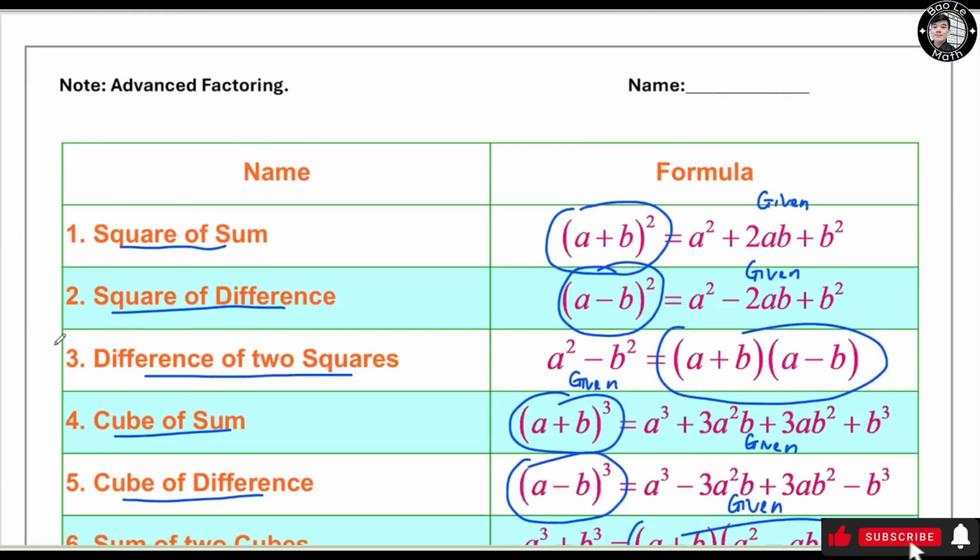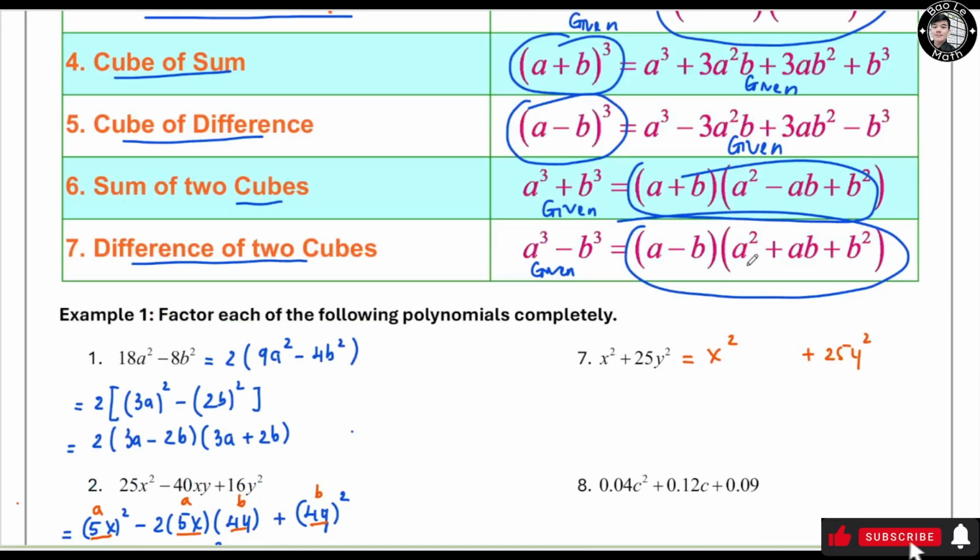Now observe that the first formula right here, complete square, is going to be a squared plus 2ab plus b squared, right? A right here, b right here, and you need to multiply by 2, right? So 25y squared can be written as 5y altogether squared, right? And x squared can be written as x altogether squared, right?